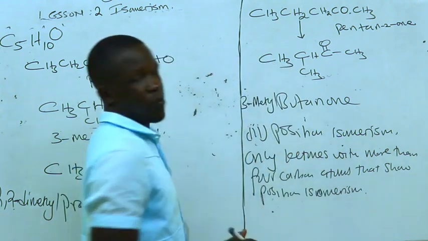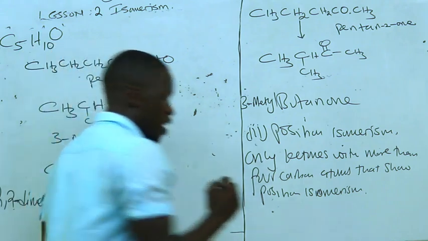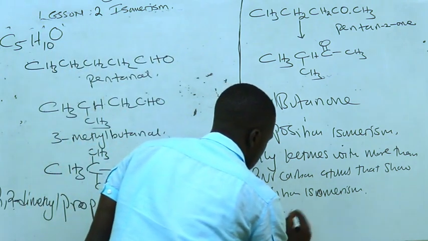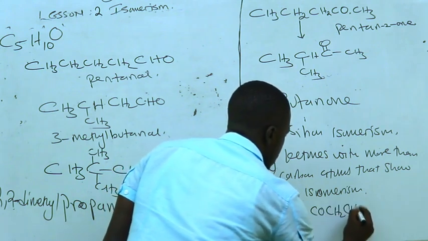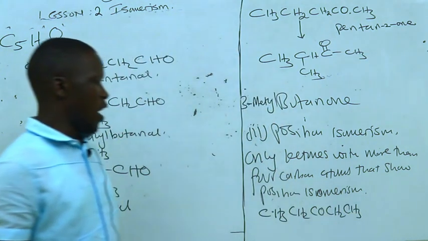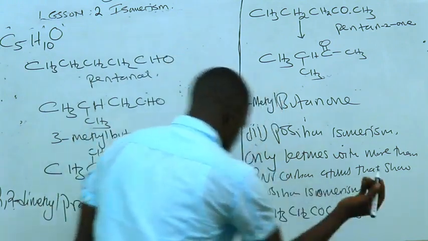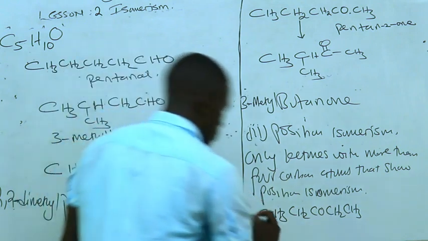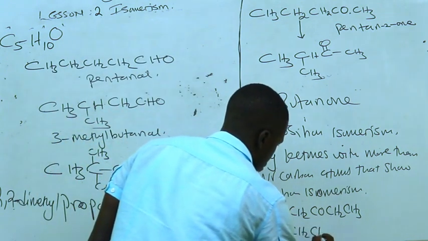And a good example here, if we had the same molecular formula, you would have CH3, CH2, CO, CH2, CH3. Those are 1, 2, 3, 4, 5. Then we could shift the position of the functional group from position 3 to position 2.